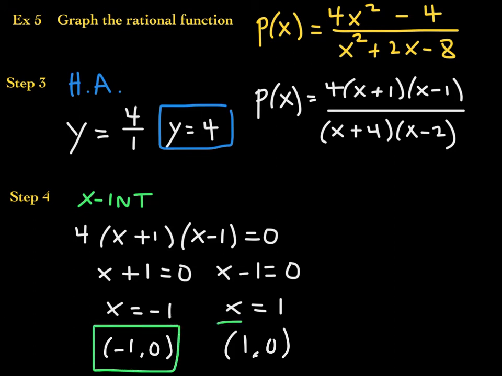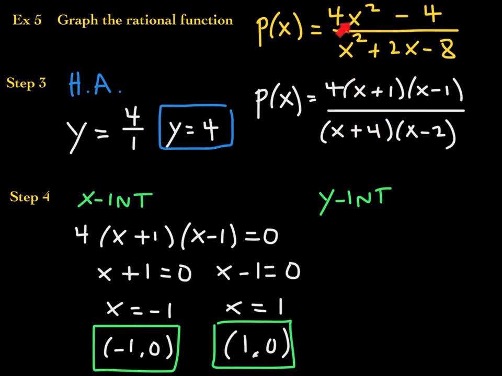Now let's find the y-intercept. The y-intercept can always be found by substituting in 0 for x. In this case, I think it'll be easiest if we plug in 0 in the original. We can do that because there are no common factors here.